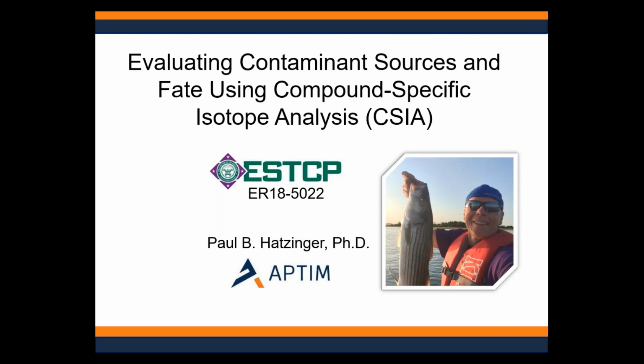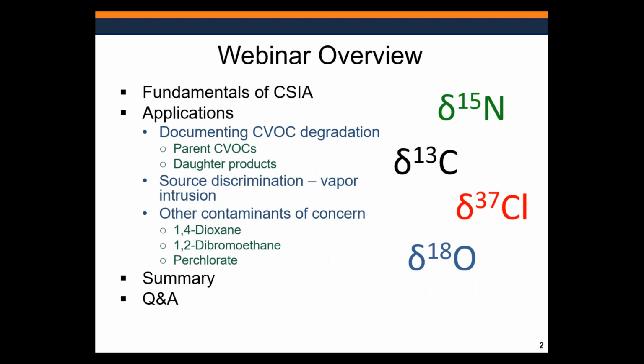So what I'd like to talk a little bit about today is CSIA, and I'd like to acknowledge the ESTCP program, who I've got a little bit of funding from to talk about CSIA and try to promote this and get it used more widely in the industry. So a little bit about the webinar. I'm going to talk about some fundamentals first, and then I'm going to go through how we can use this technique to look at degradation or sources of chlorinated solvents.